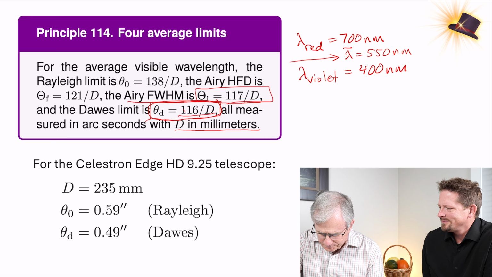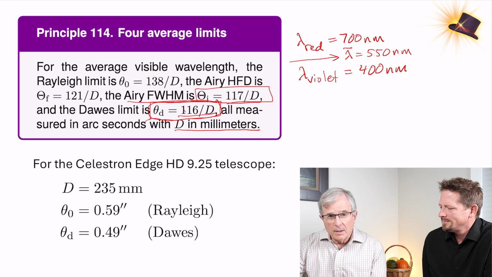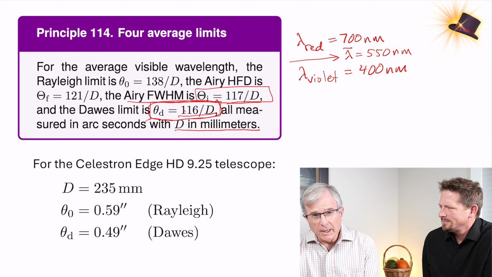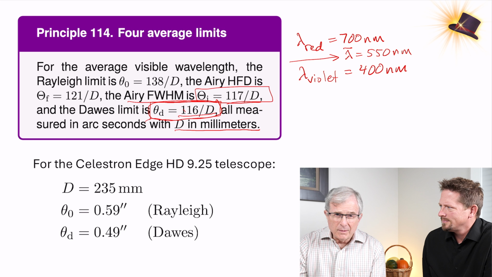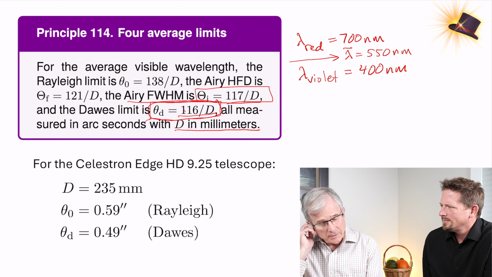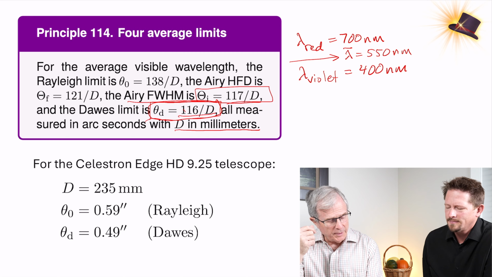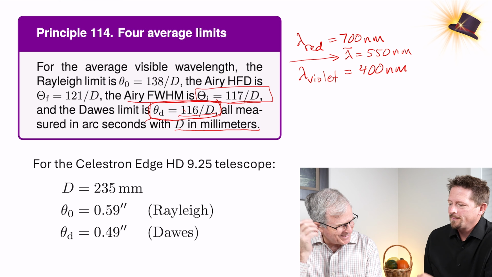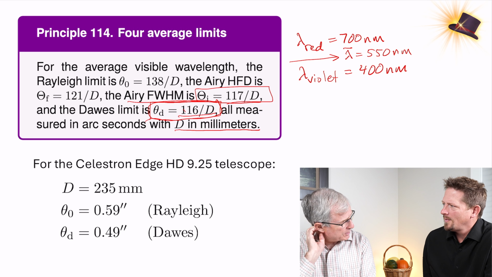And so what you'll find, and the reason why this is applicable and important in astrophotography, even though it's a little bit detailed here, is that the Dawes limit is considered the very best you can possibly hope to do with your telescope. Generally, you won't even come close, as we show in a later video, because of atmospheric turbulence.